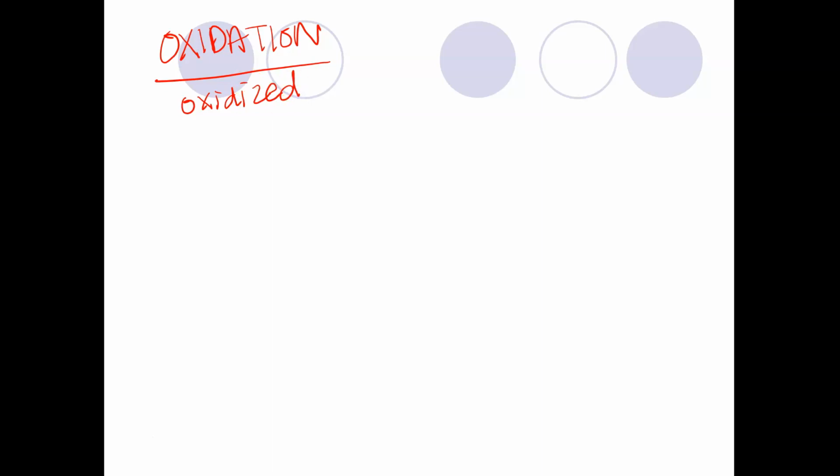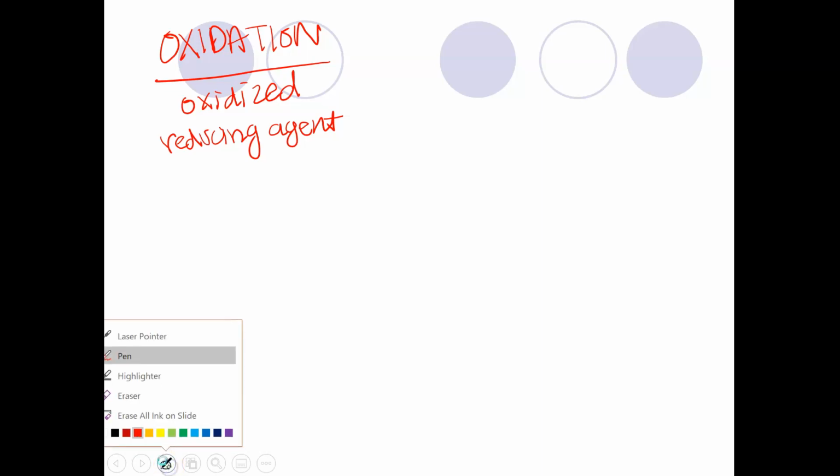Another set of words that mean the same thing is something that undergoes oxidation or is oxidized is called the reducing agent. I don't know why, because electrochemists are weird. That's why. Okay, I want to change my color. There we go.